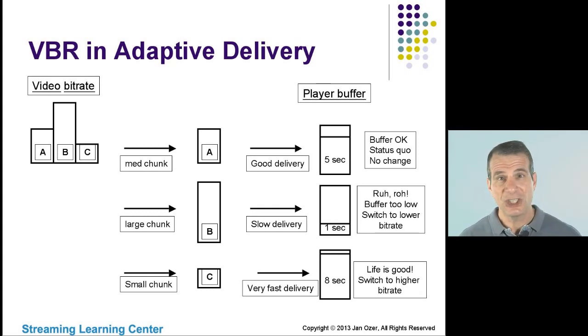Then we send chunk B. Chunk B is very large because it's a hard to compress scene, and we use variable bitrate encoding. It takes a long time to deliver that chunk, and the player says, oh my goodness, I've only got 1 second of video left in the buffer. We better switch streams to get a lower quality stream, but continue smooth playback.